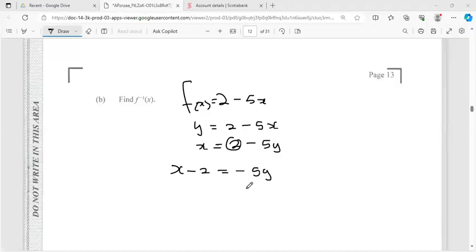Alright, so we divide by negative 5, so we get y by itself. So the inverse of f can be this: x minus 2 over negative 5.